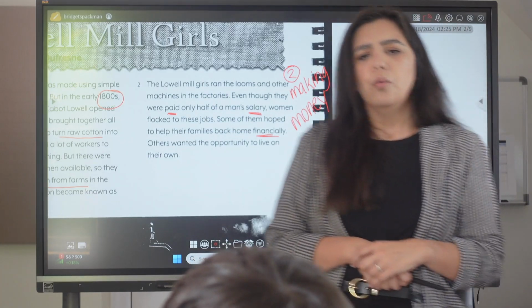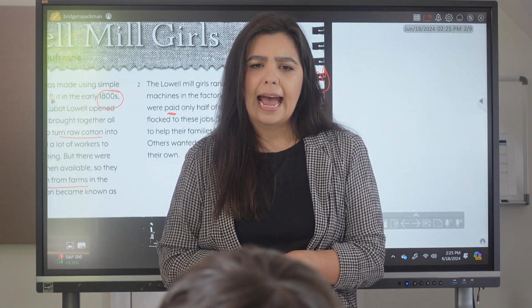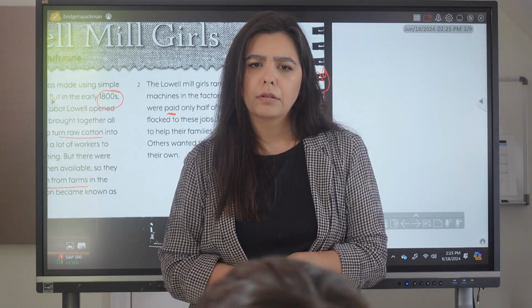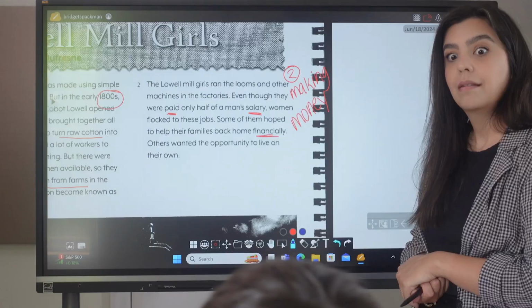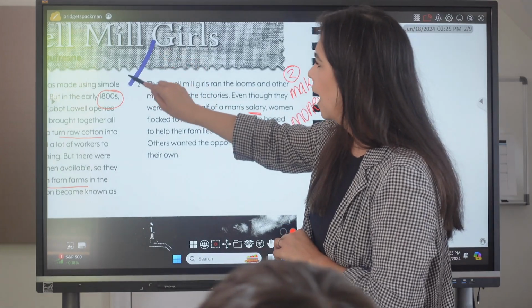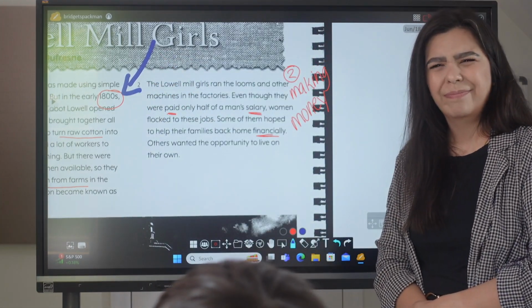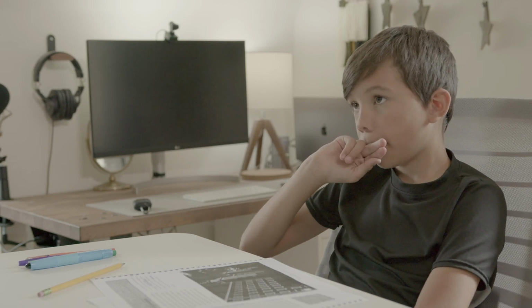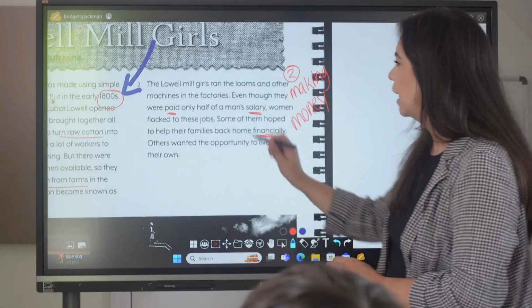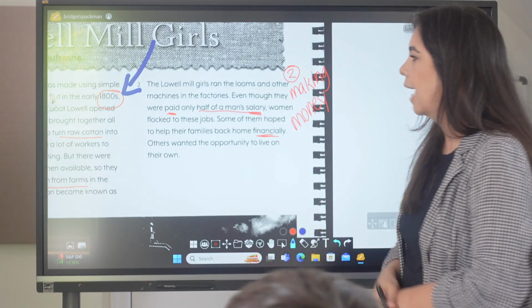Yeah. Why do you think they were only getting paid half? Think about it. Because they think they're less important. What time frame are we looking at? 1800s. Yeah. Did women have a ton of rights in the 1800s? No, they didn't. So I think that's going to be a really important thing. Half of a man's salary.